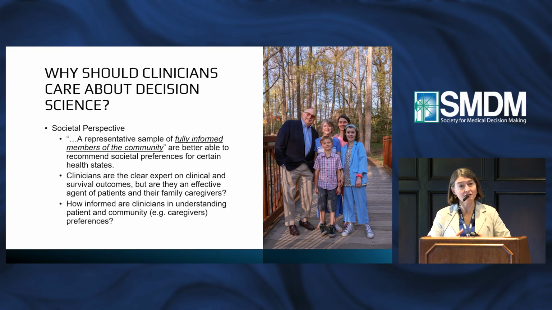Well, it does provide the societal perspective, and the idea is that we're fully informing members of the community to make good decisions with the best information that we have. We know that you as clinicians are the clear expert on clinical and survival outcomes. But it's really hard for you to be an effective agent of the patient or caregiver in front of you. They know their preferences and what they want. And so we have to think of better ways to make those decisions together.